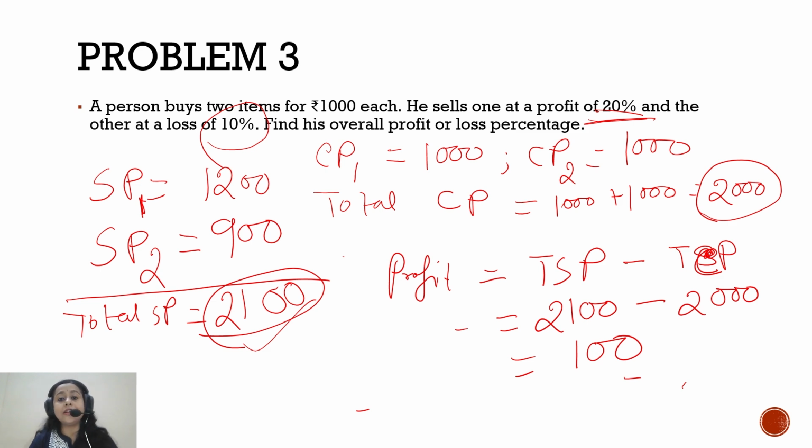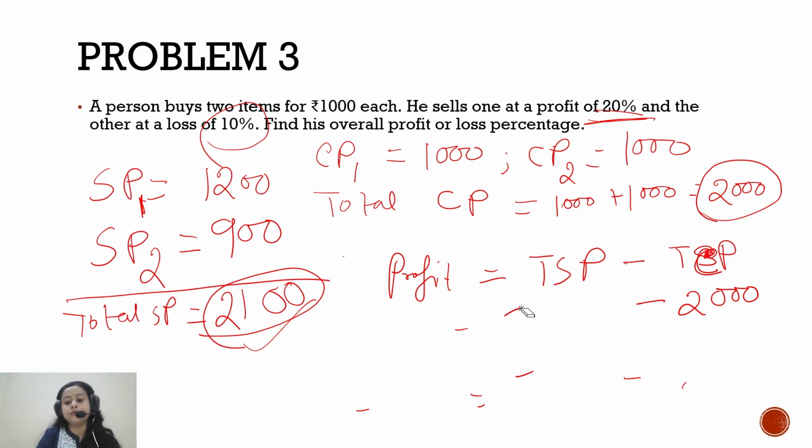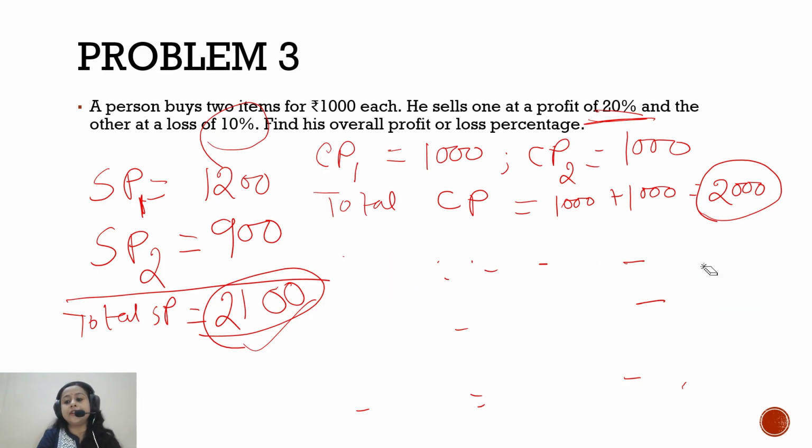Now we have to find out profit percentage. So obviously he has earned profit, and now we have to find out the profit percentage. So profit percentage will be calculated out of cost price, how much profit he has earned.